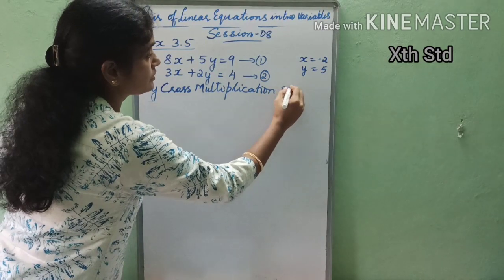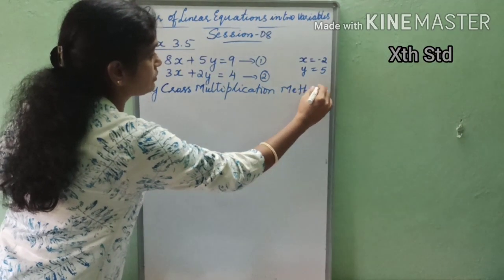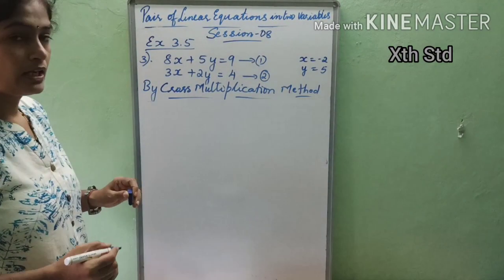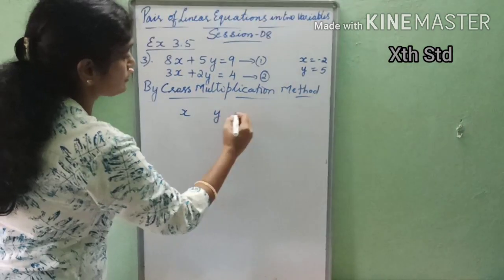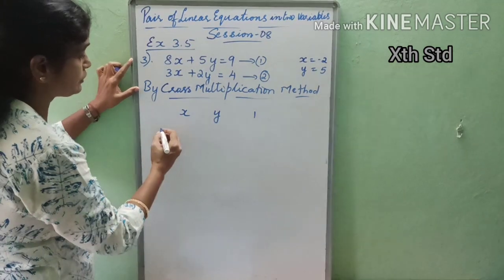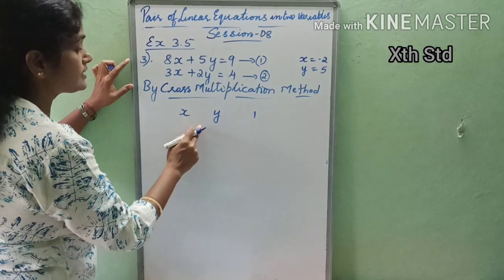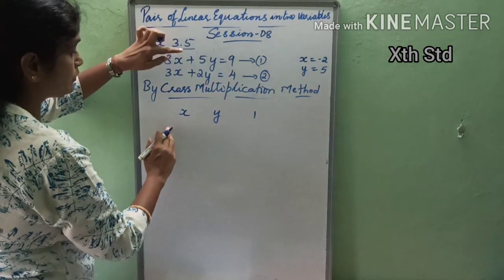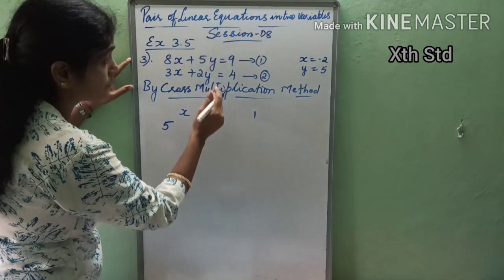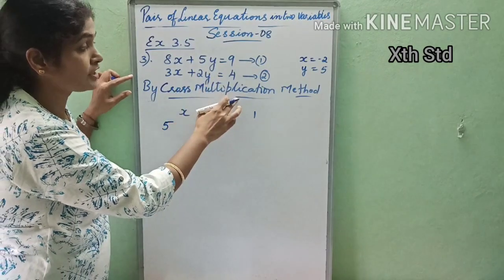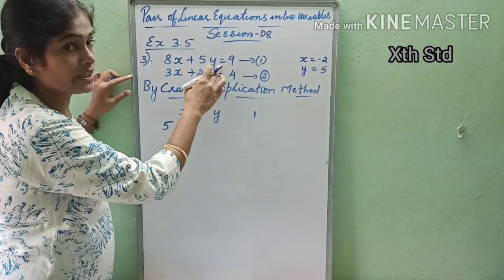Cross multiplication method. So we will write down the coefficients of x, y and the constants in this particular manner: A1, B1, C1. B1 is 5. It is cross multiplication method, so we have to put it in the standard form.